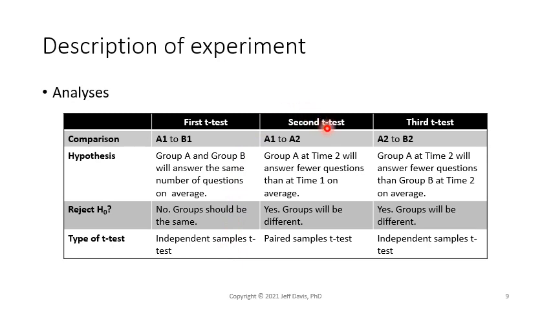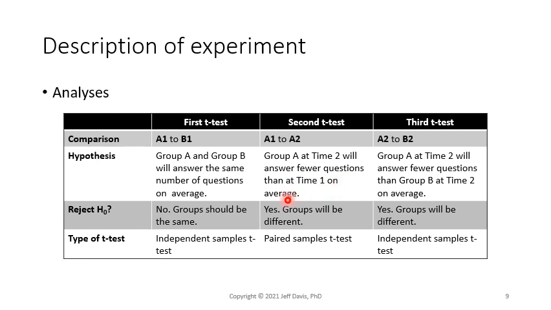The second test, we're comparing Group A at time 1 to Group A at time 2. The hypothesis is that Group A at time 2 will answer fewer questions than at time 1 on average.